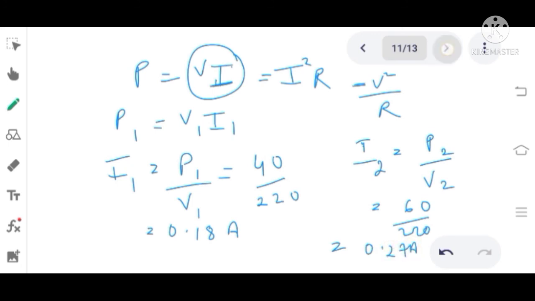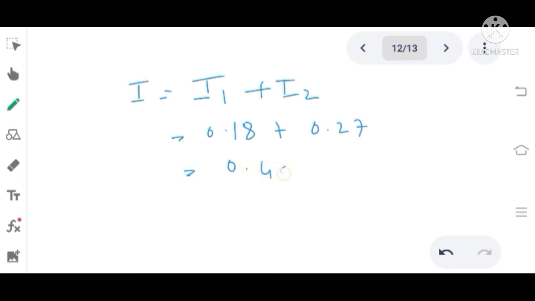So you have separately calculated the currents. You can add them, I1 plus I2, to find the total current: 0.18 plus 0.27, which is 0.45 amperes. This is your calculation.